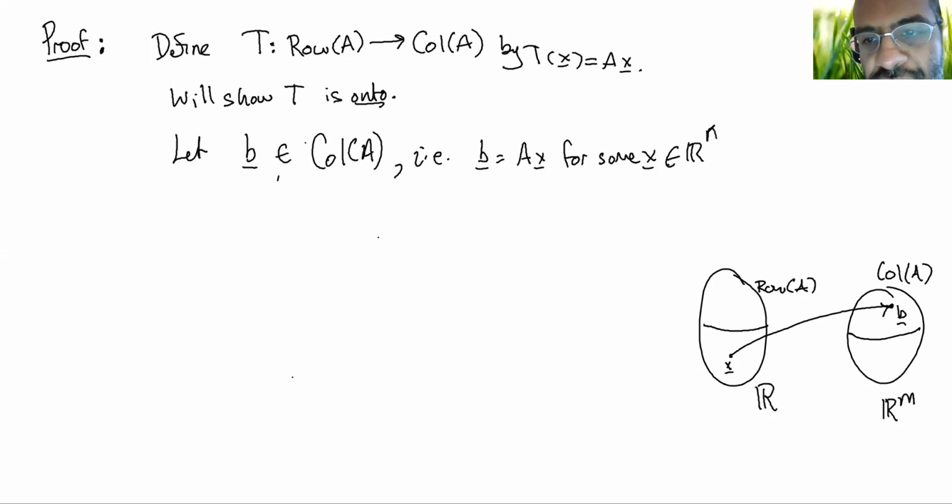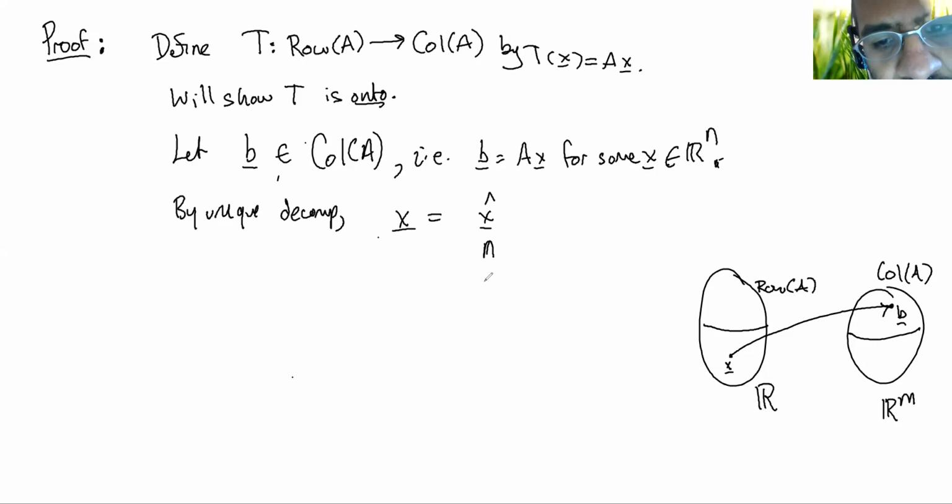But now we're going to do this cool chapter 6 thing, which is, well, we know that the row space and the null space are orthogonal complements. By unique decomposition, we can decompose this x as some x hat, which is in the row space, and some z, which is in the orthogonal complement, which is the null space.